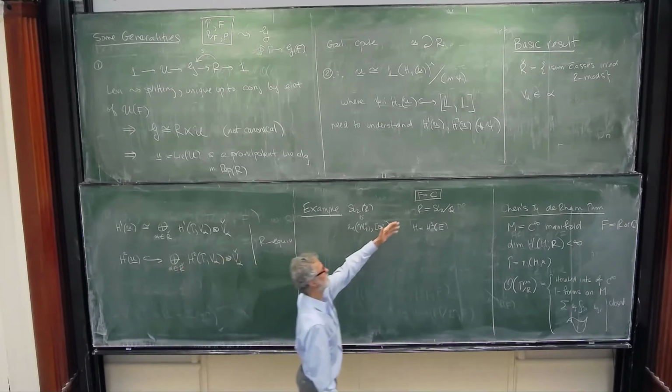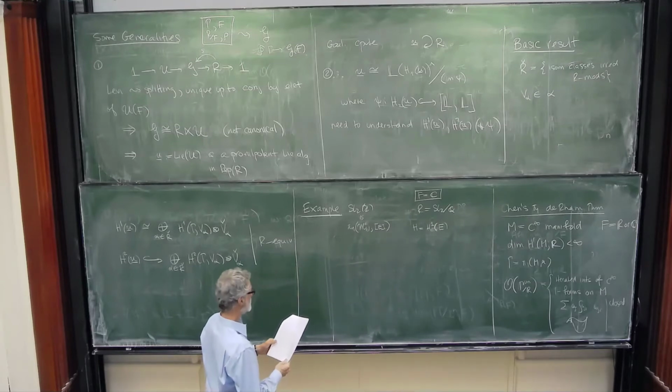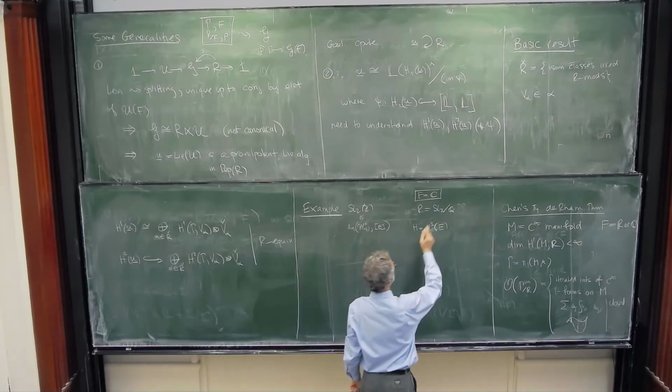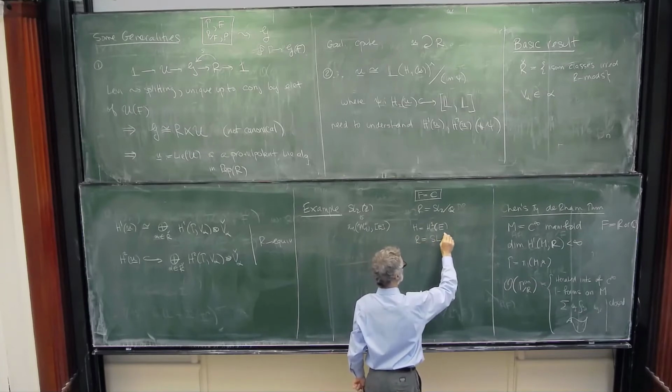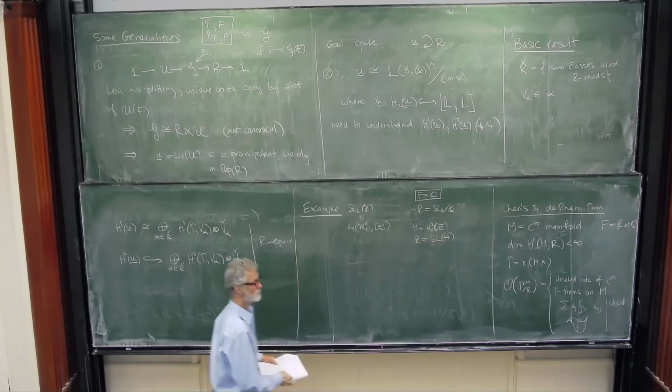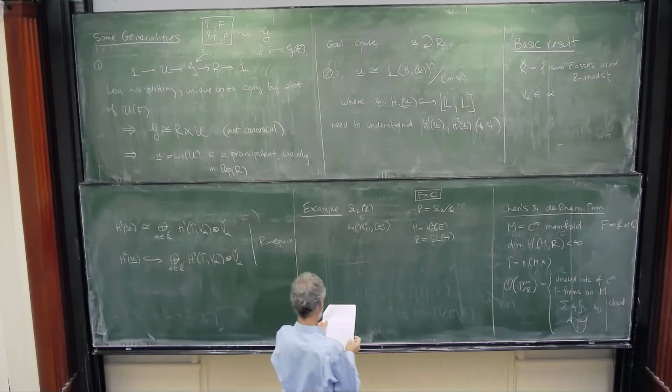I'm essentially doing the Hodge version here. And then R really I'm going to think of as SL of H. So H is the defining representation of SL2.